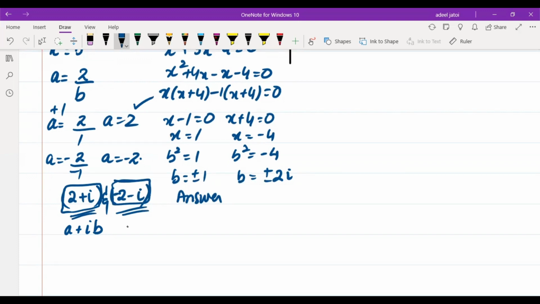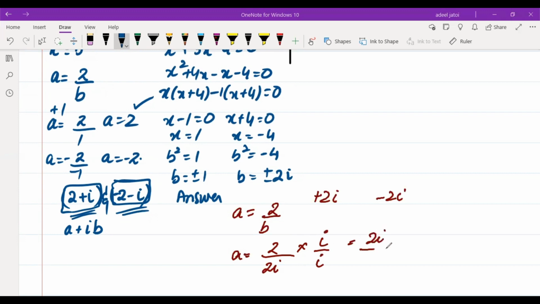Kindly understand that if you use the iota in a is equal to 2 upon b, then you will be using plus iota and negative 2 iota. And when 2 upon 2 iota is used, then obviously to remove iota, you need to introduce iota in the numerator and iota in the denominator, which will become 2 iota, and this will become 2 iota square.